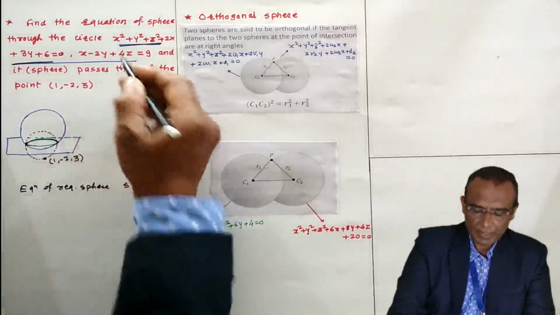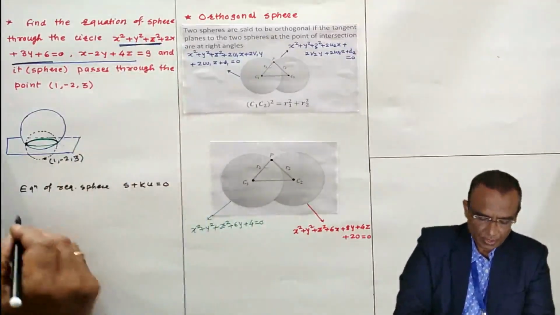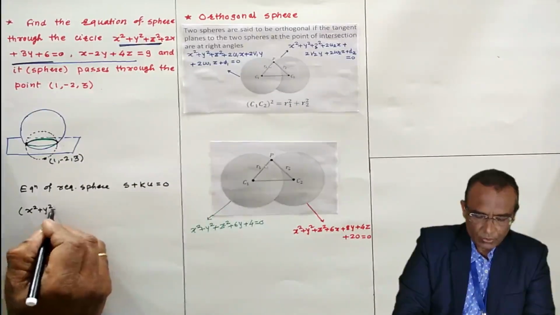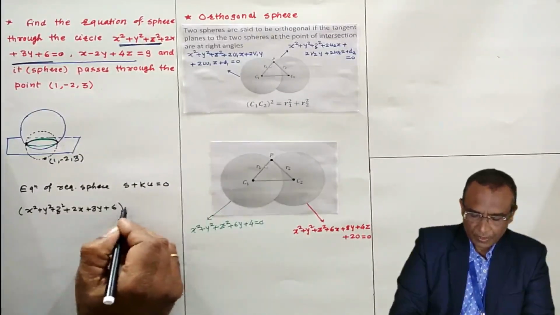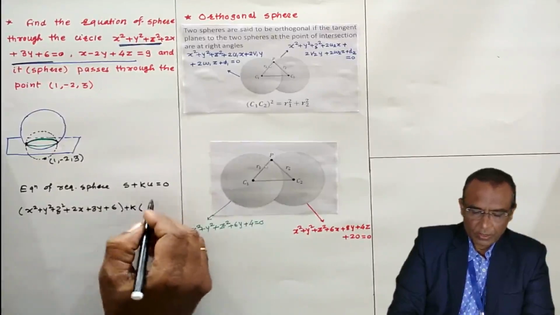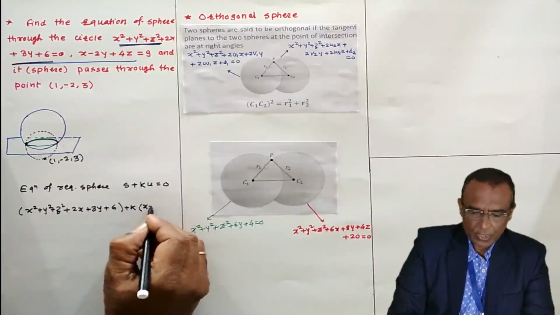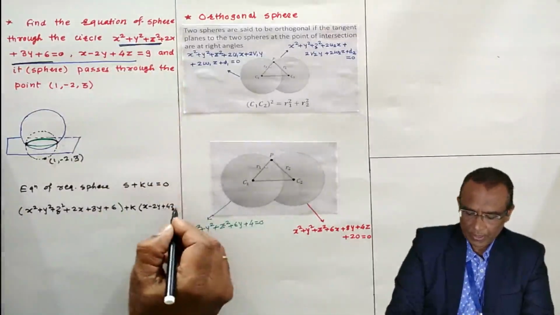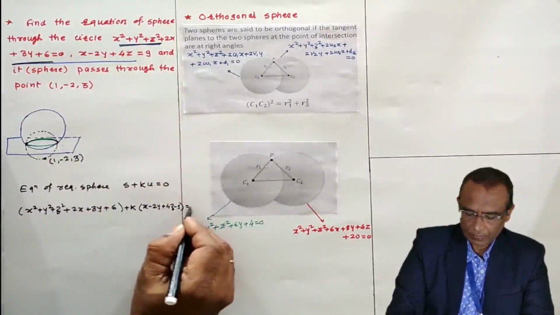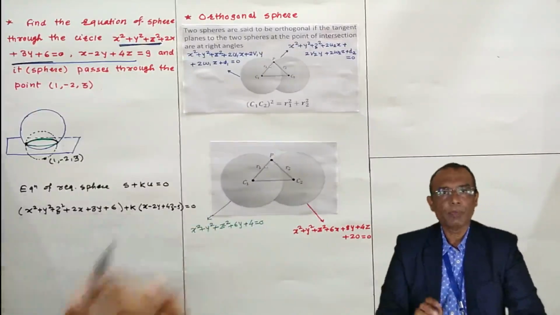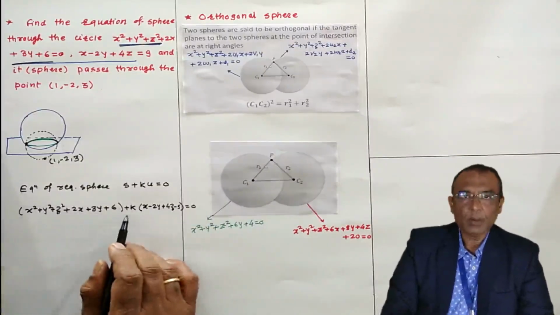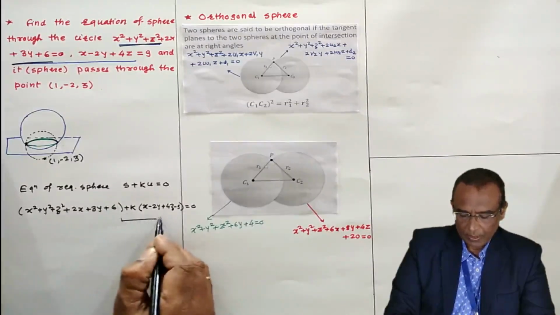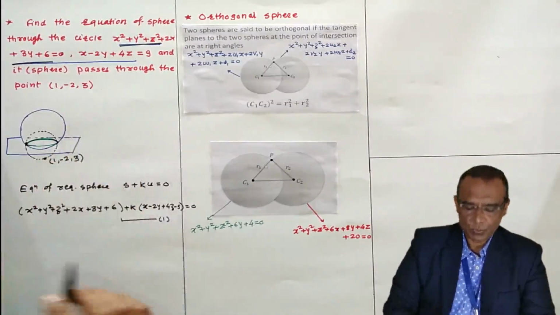Here U represents the plane and S represents the sphere. The equation of the sphere is given, and the equation of the plane is also given: x minus 2y plus 4z minus 9 equals 0. So this is the equation of the required sphere. Now it remains to find the value of K. Once you get K, we will get the equation of the required sphere.